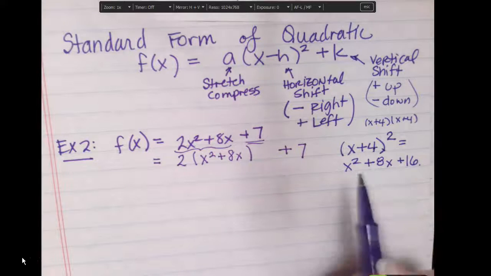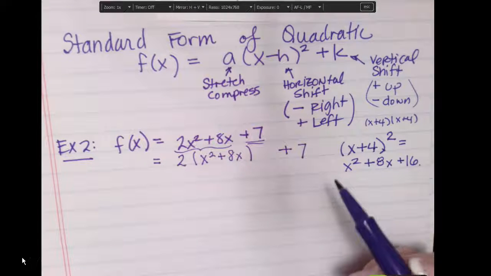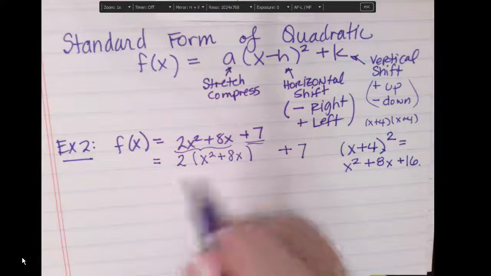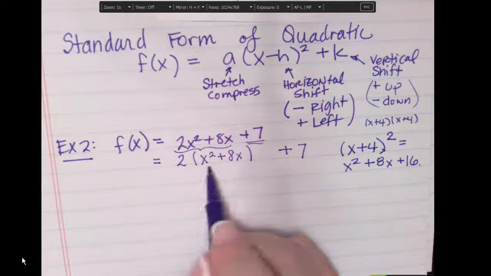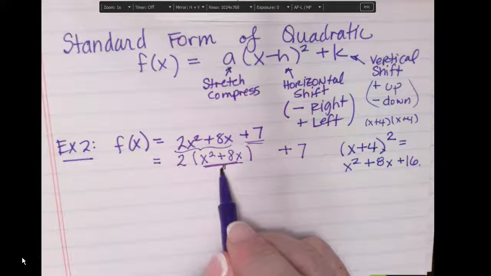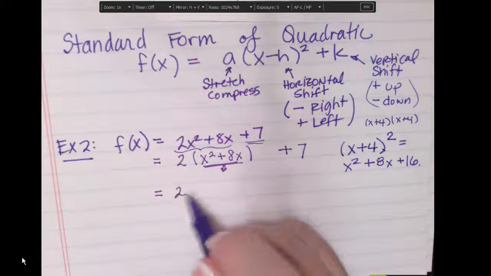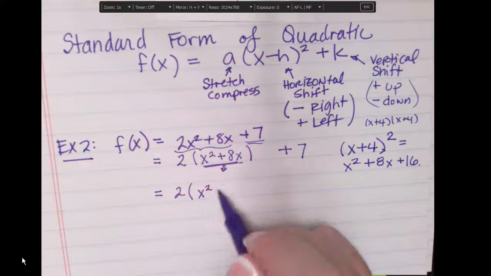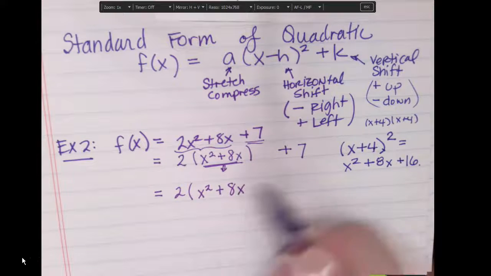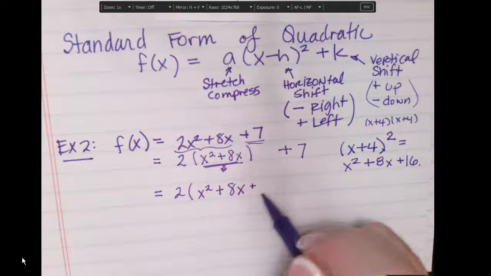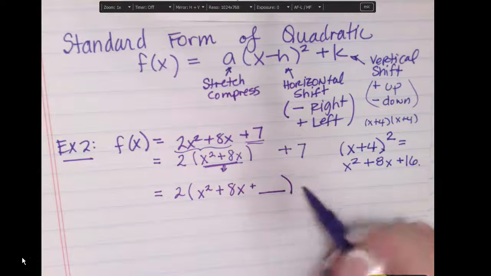I can't get rid of it, but I can write it any way I want, it's just algebra. The part I'm really going to focus on to complete the square is this binomial right here. So I'm going to rewrite what I have, and leave some room so that I can complete the square.